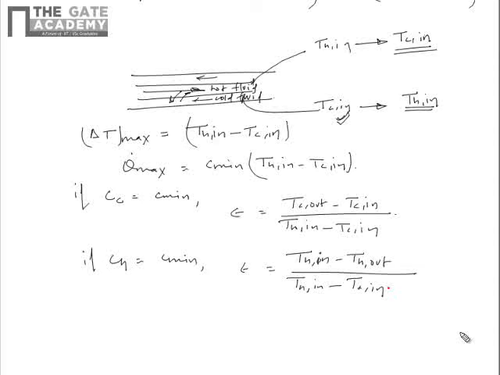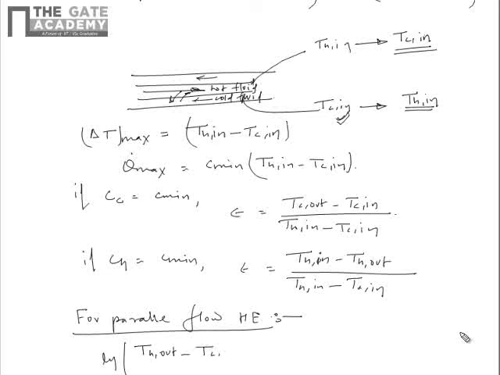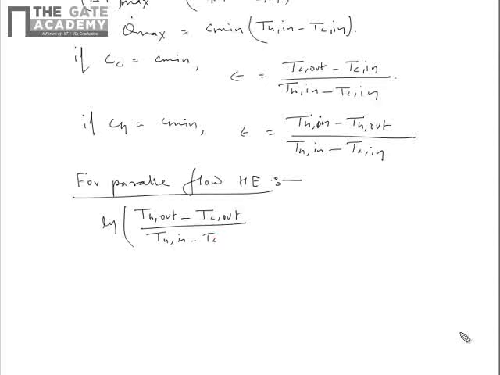Now consider a parallel flow heat exchanger. From the previous analysis, we have derived that (Th out minus Tc out) divided by (Th in minus Tc in) is equal to minus UAs upon Cc (1 plus Cc upon Ch).